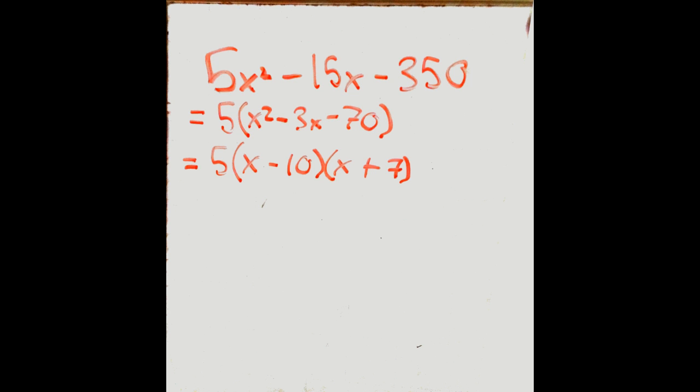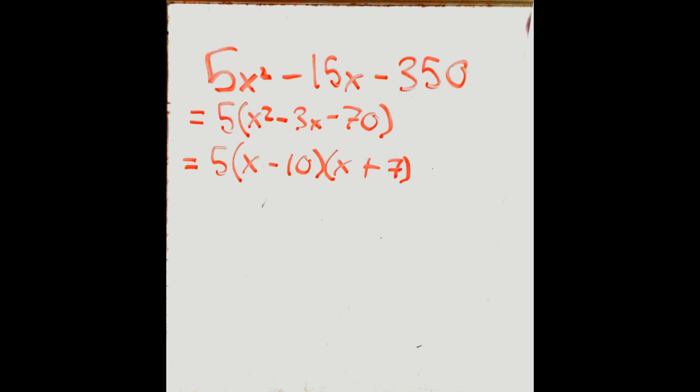When you have that, you divide all three numbers by the greatest common factor. Then you have to find pairs of factors of the last number, so you can do the FOIL method.